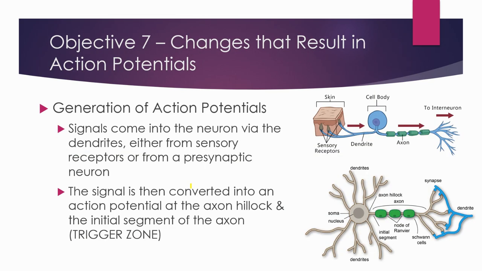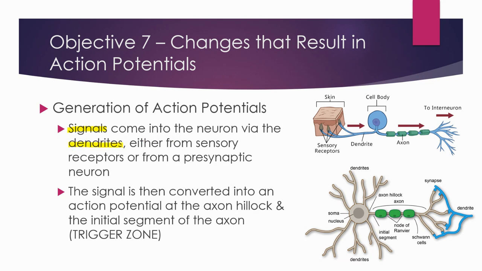And so Objective 7 is all about generating those action potentials. And so what's going to happen is we're going to have to change those charges across the membrane. Signals are going to come into the neuron. So remember, the signals are going to be coming from your sensory information. They're going to be coming in to the neuron from a sensory receptor or from another neuron.